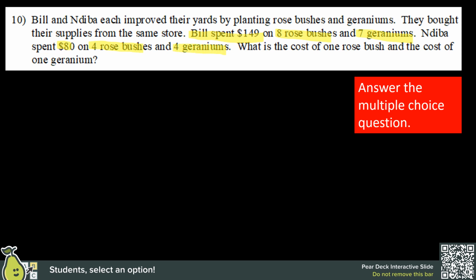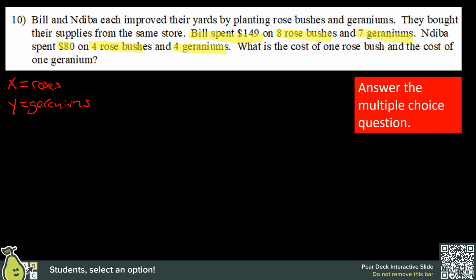What is the cost of 1 rose and the cost of 1 geranium? Okay, so to do this, we can say let's say that x equals roses, y equals geraniums.